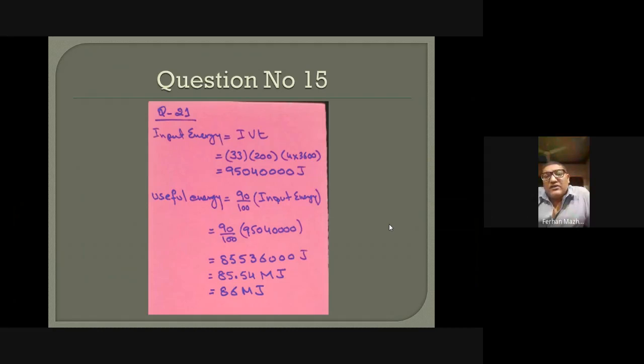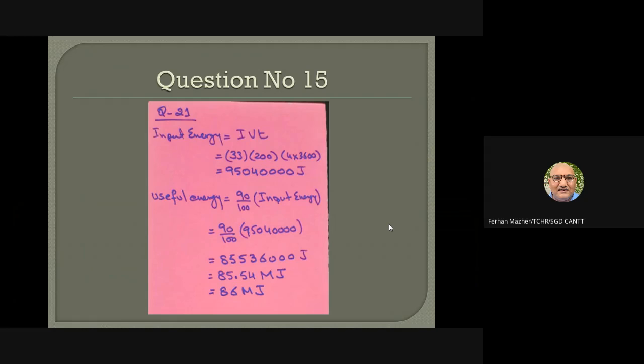So I will convert it into seconds. If you want to convert hours into seconds, you multiply it with 3600. So the answer will be 950400000 joules. The useful energy will be only 90% because it's only 90% efficient.